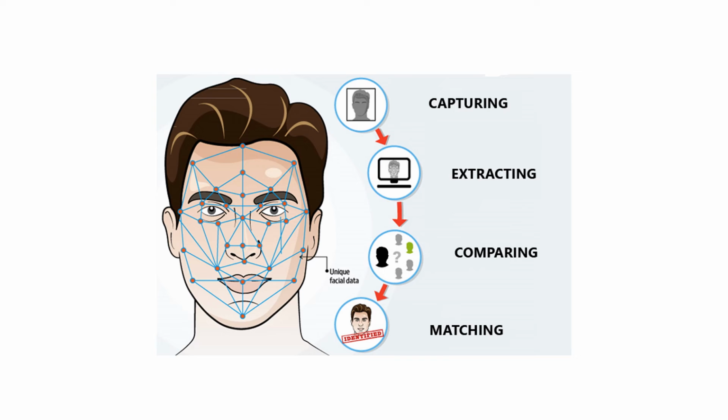Then we have to compare these features with the features we have already trained, the testing features. After that we go for matching. The matching is called the decision box. Either the person is identified or not identified.